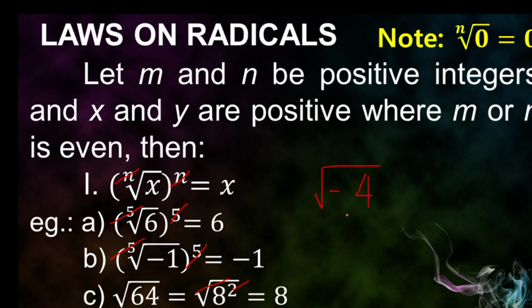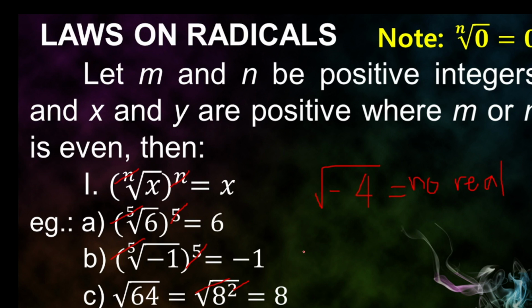For example, if your radicand is negative and your index is an even number, we have no real root. Why? Because it is not defined in the real number system.